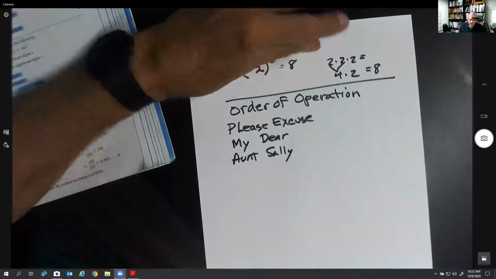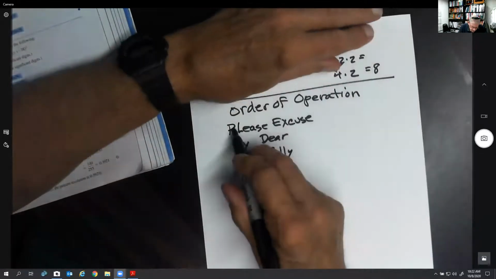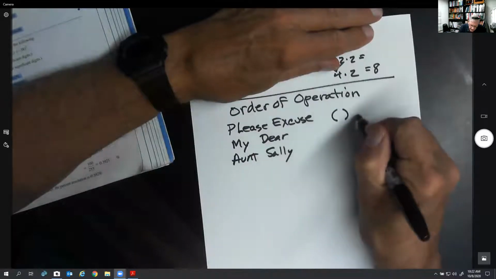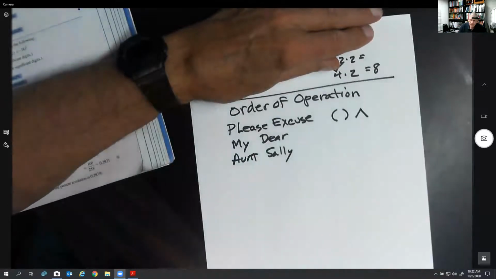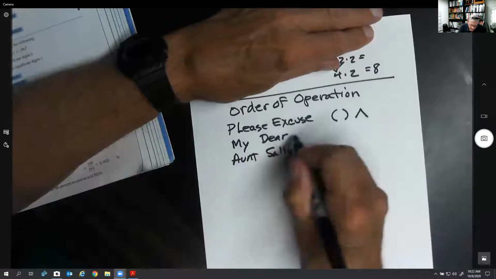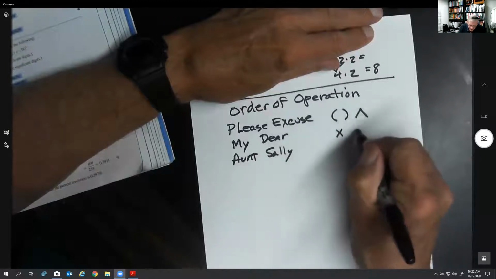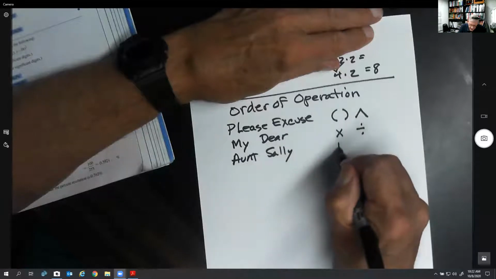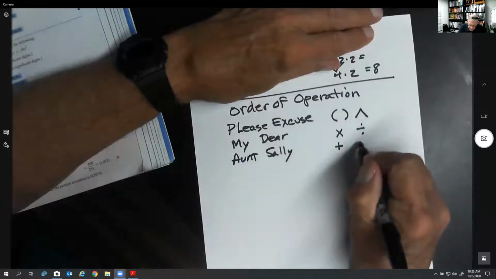Kind of a famous way to remember it. So the P and the E mean parentheses and exponents. Kind of using symbols here. My dear means multiplication and division. And Aunt Sally means add, subtract.